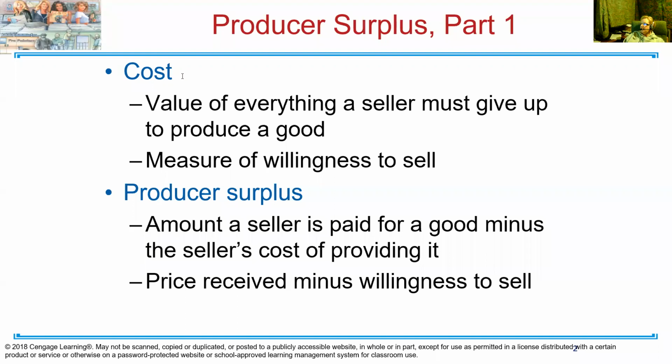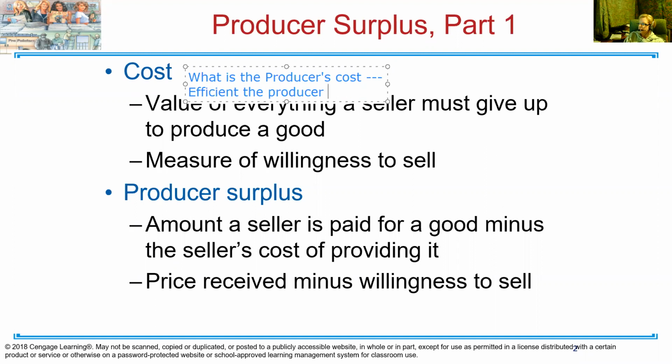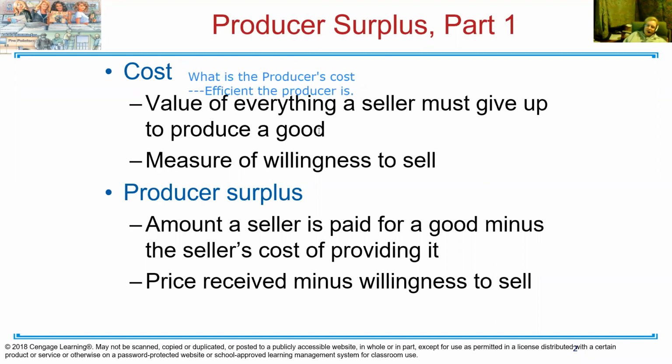So when you see cost in microeconomics, what I want you to think of is what is the producer's cost. And that producer's cost is sort of how efficient the producer is. Okay, so a producer is efficient if they have a low cost.